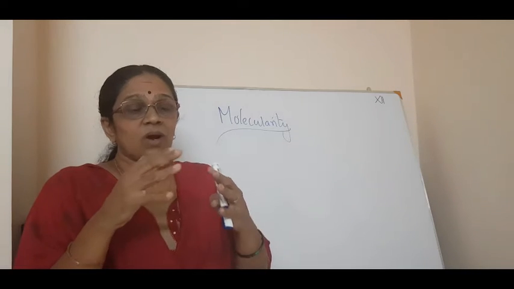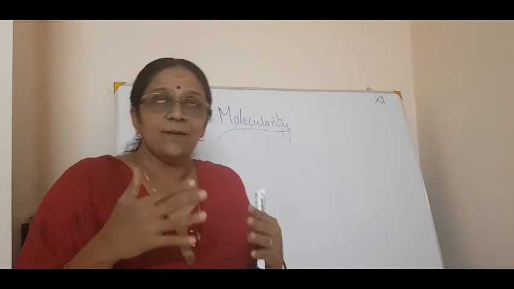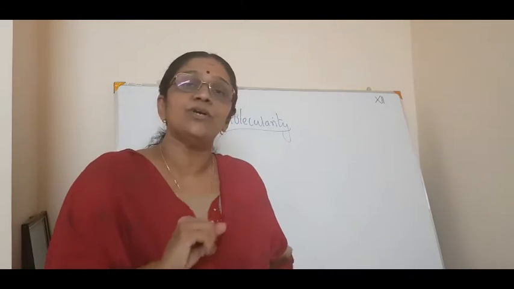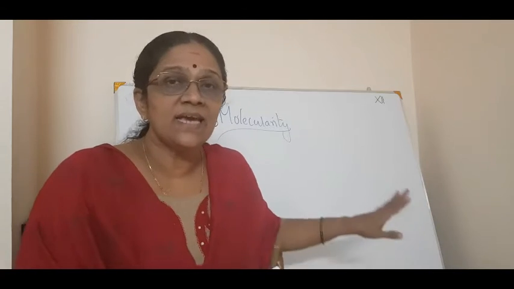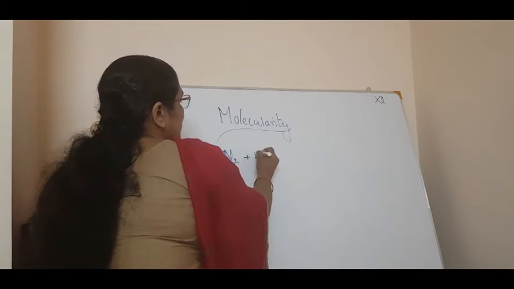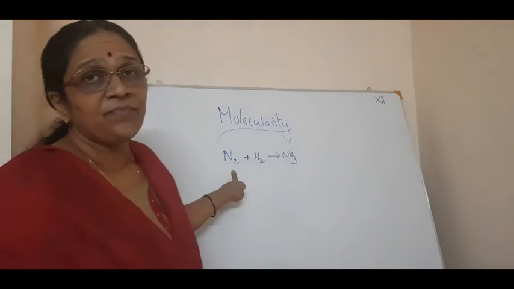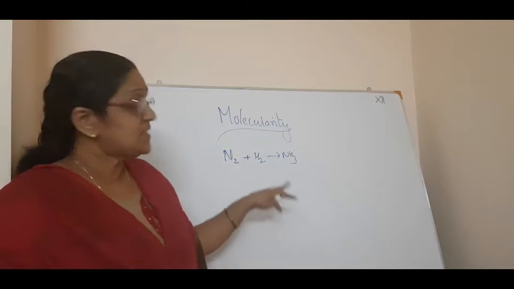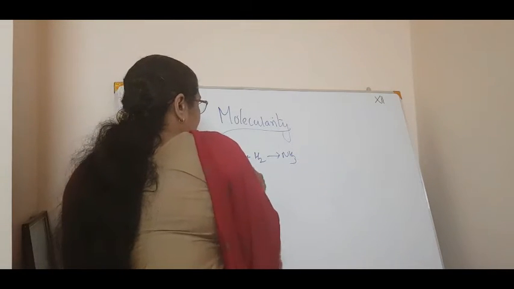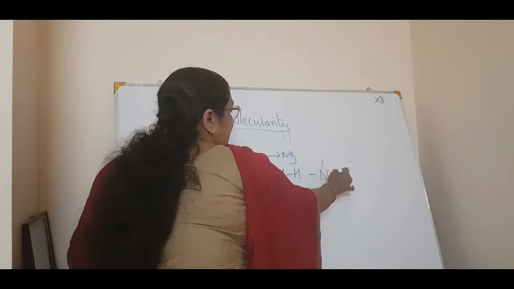The species collide with each other. Collision has to take place; then only are the reactants converted to product. A simple example: N2 plus H2 giving NH3. How does this happen? First, this is N triple bond N, then H single bond H, and here NH3.